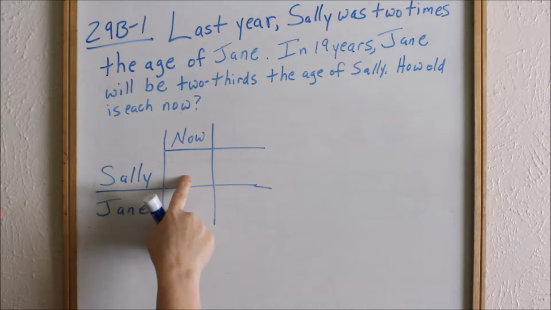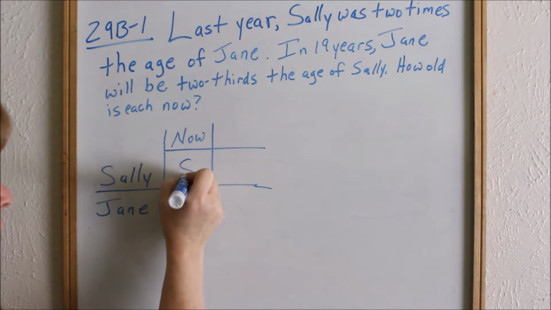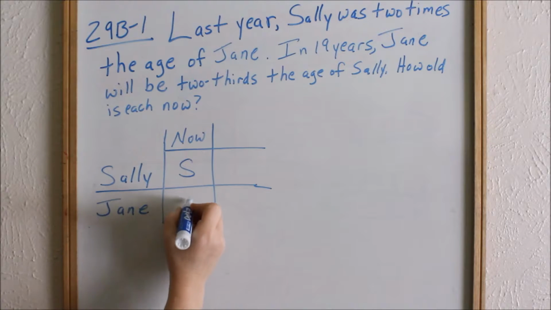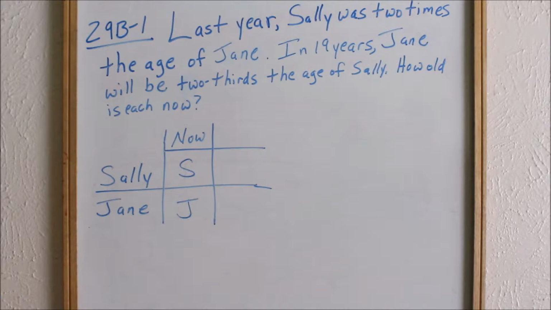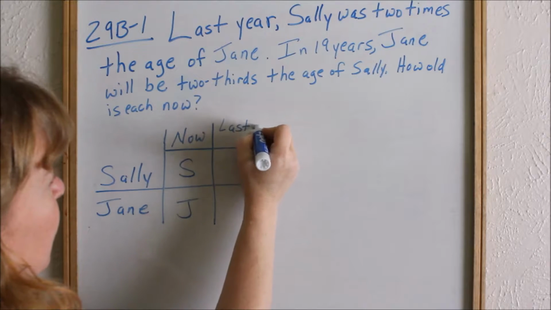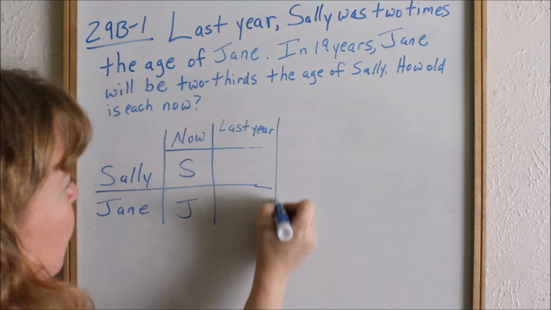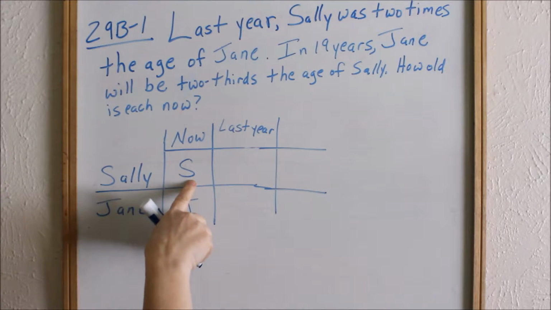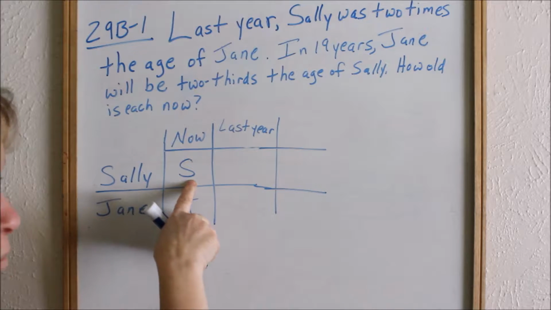I don't know how old Sally is now, so I'm just going to say that's S for representing how old she is now. I don't know how old Jane is now, so I'm just going to represent that with a J. Okay? Then, the problem is talking about last year. So, how old was Sally last year? Well, that was -1.